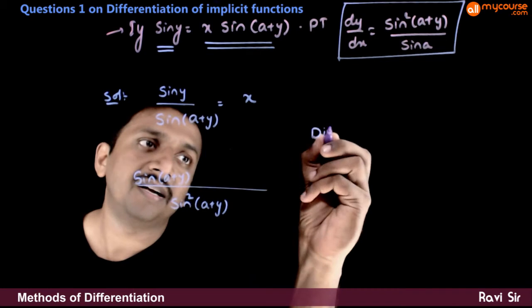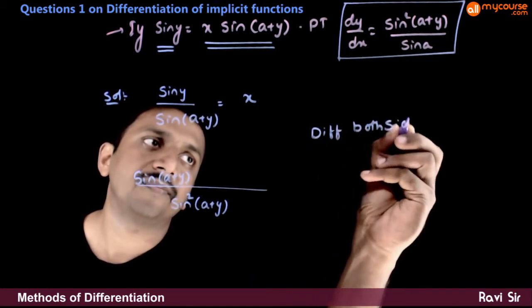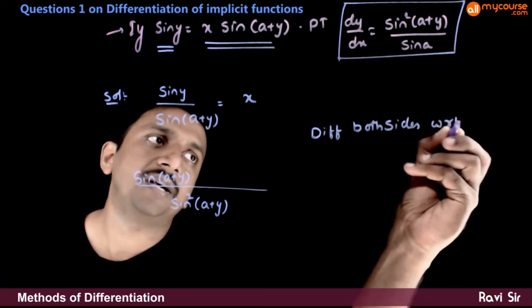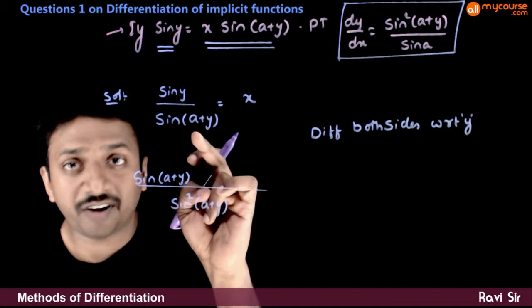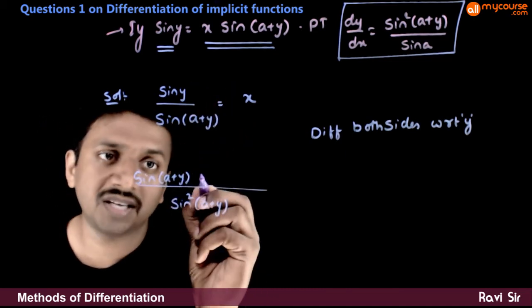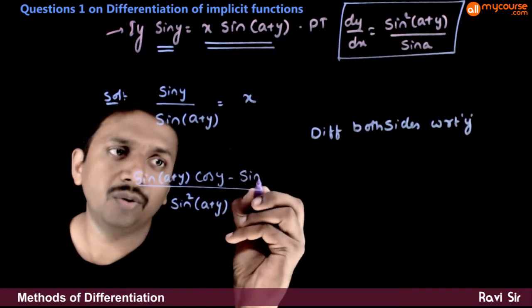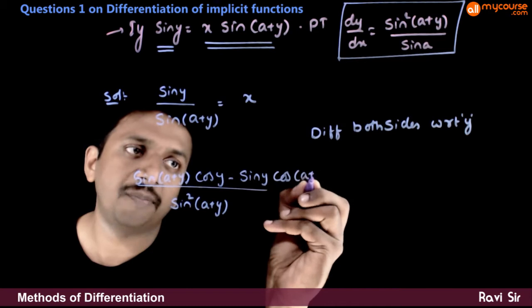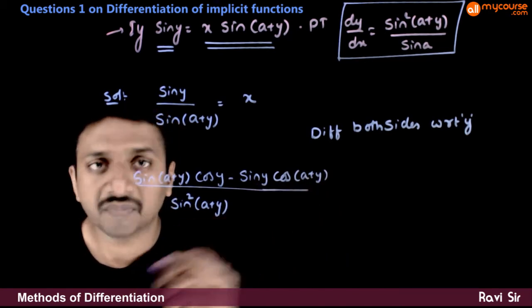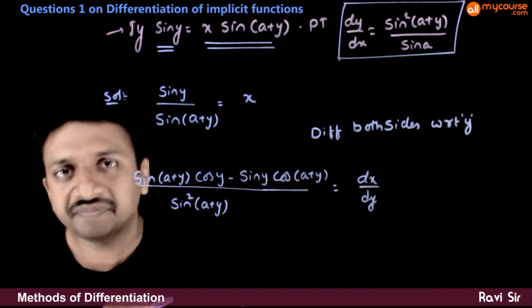So sin of (a plus y), v times differentiation of u, is cos y, minus u times differentiation of v, cos of (a plus y), is equal to dx by dy.